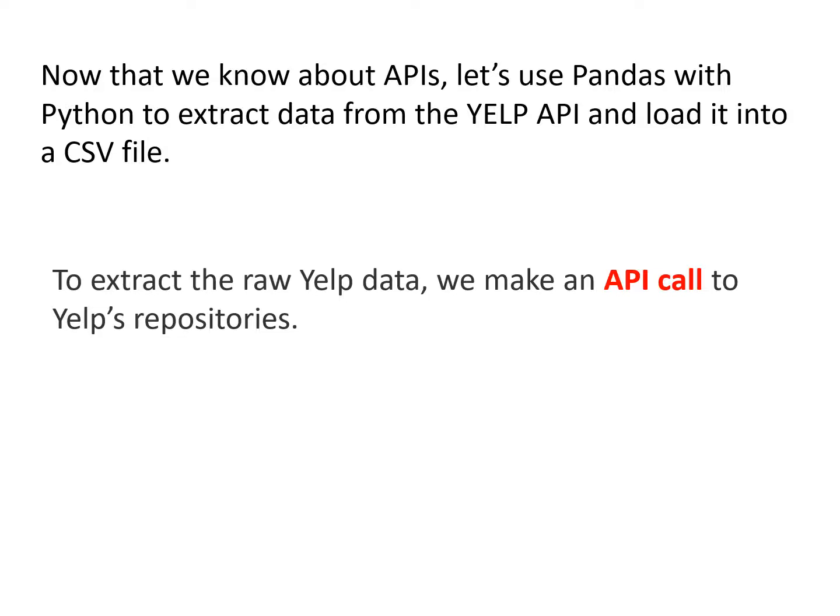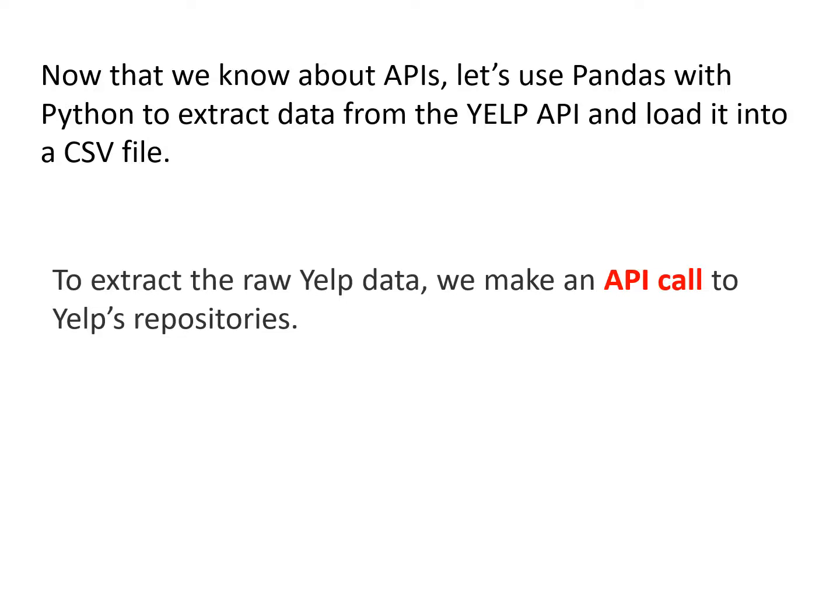Even though most users wouldn't use an API, they would just pull up Yelp and look up a business to get some information in English form, we as data analysts can use the API to pull back some data. Then we can pull the data in from the API and do any kind of data analysis we want to. And if we want to save it, we could also load it into a CSV file.